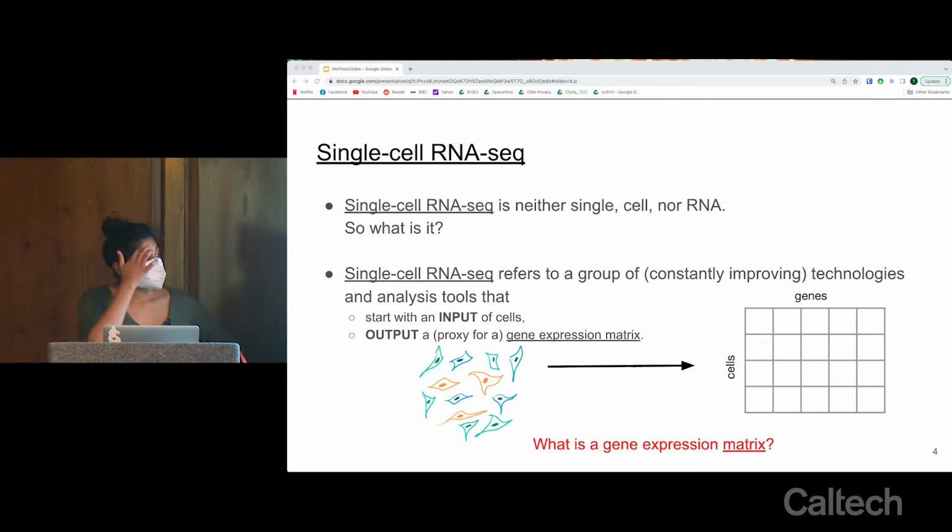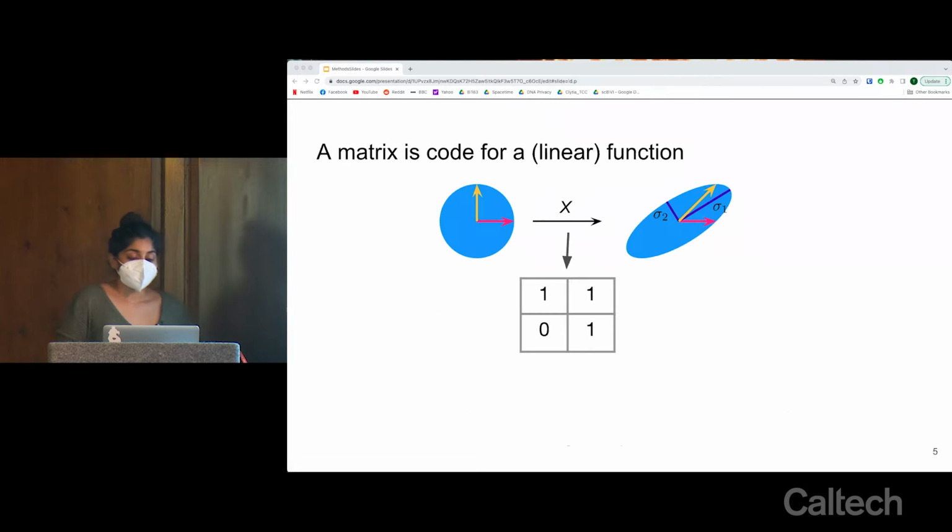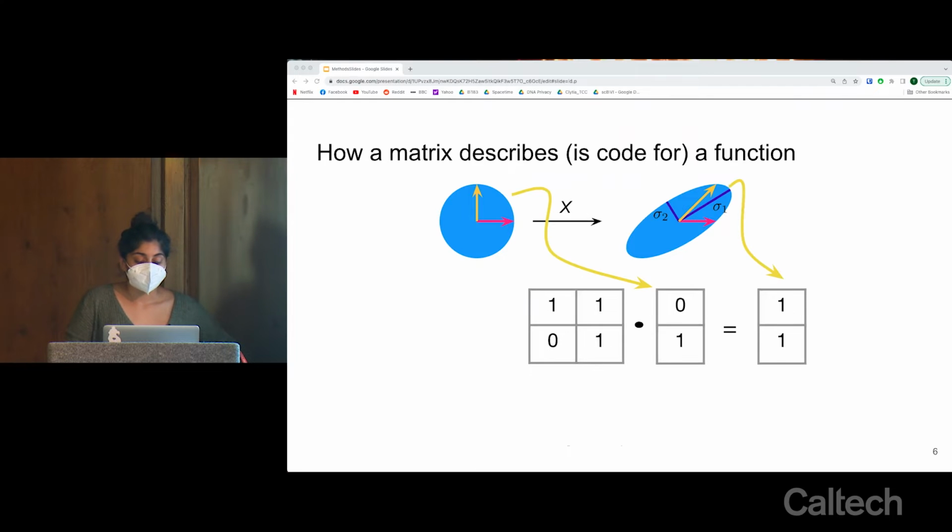So now I want to talk a little bit more about what a gene expression matrix is and why thinking about it as a matrix can be helpful in the mathematical sense. You can ignore the sigmas on this slide. But here we have some matrix X, and I think a nice way to think about it is as a linear function. So it's doing something onto something else. We can give an example where if you take this X and apply it to this vector that's pointing up, you can transform it.